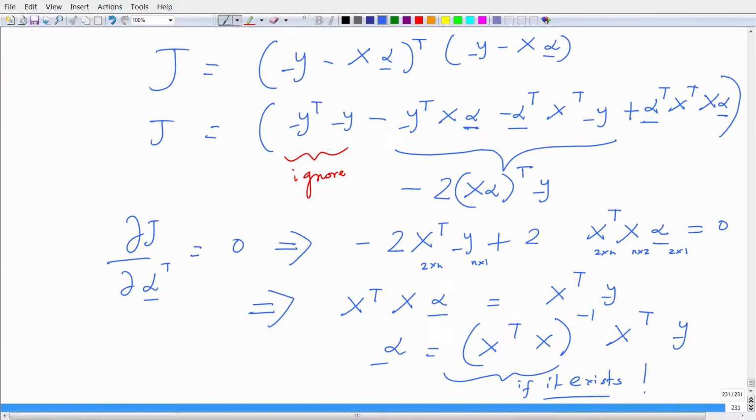Because of which, if we have to have an inverse, we have to have a square matrix, we land up with a pseudo inverse form like this. Now, you may question if the inverse of X transpose X exists. If it exists, there is no problem, we can solve for alpha uniquely.